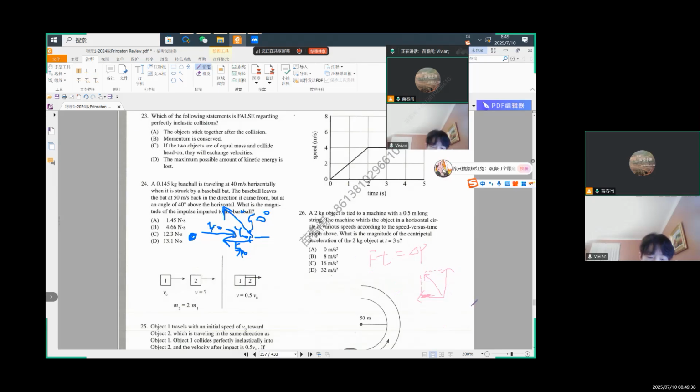In the x direction, before is 40. Now what's the component? If this is 50, with this 40 degree angle, that's 50 times cosine 40.